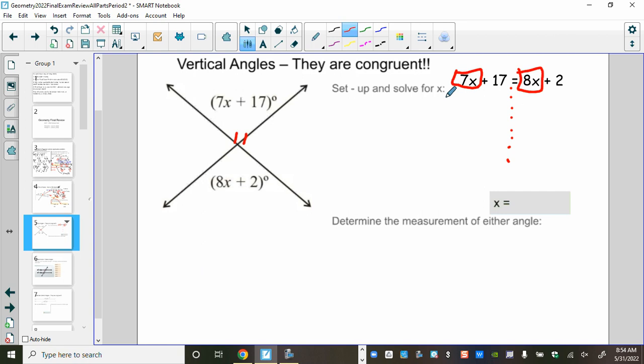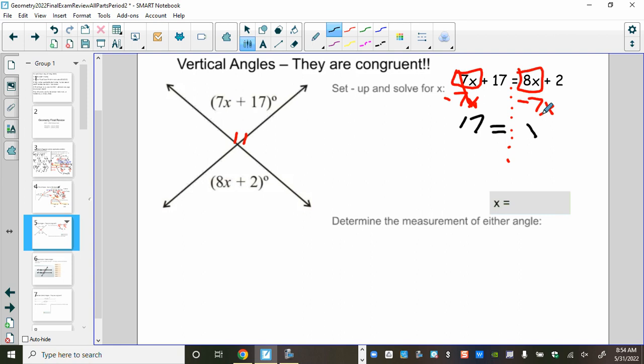Now, in the end, this is only going to be a two-step problem. If you subtract 7x from both sides, you're left with 17 equals, what's 8 minus 7?